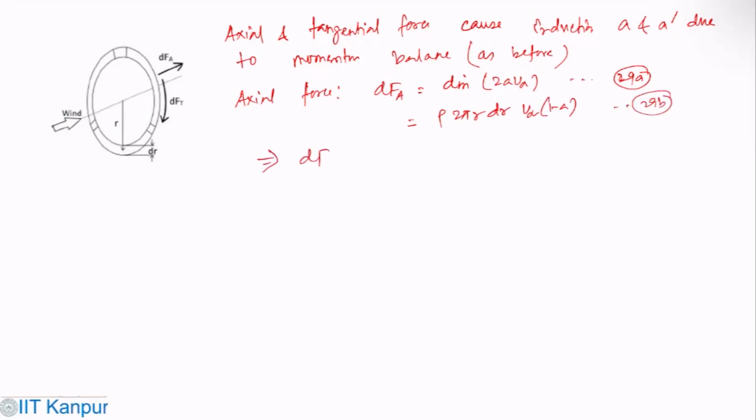So that gives dFa as half rho u infinity square 2 pi r dr 4a (1 minus a).